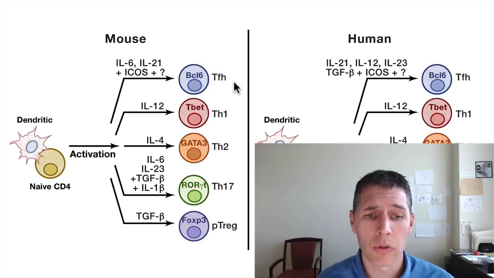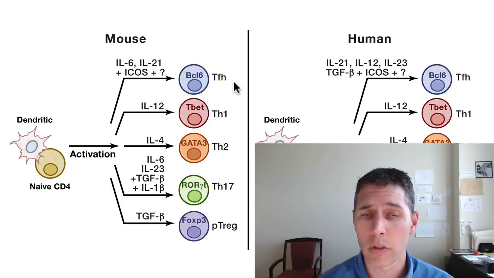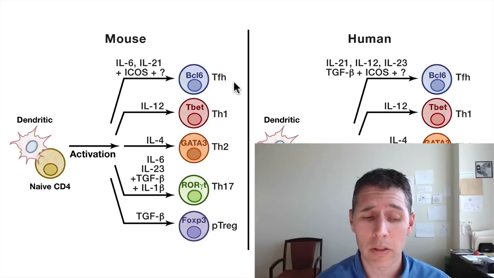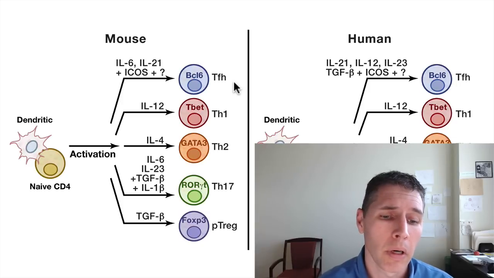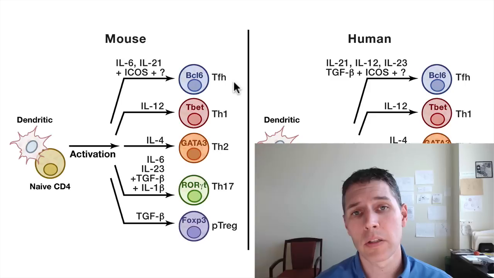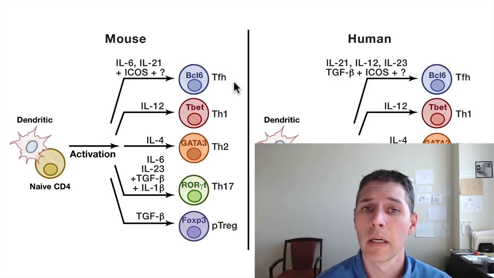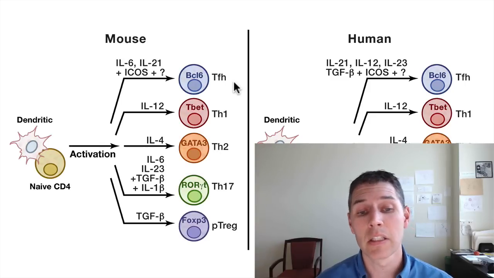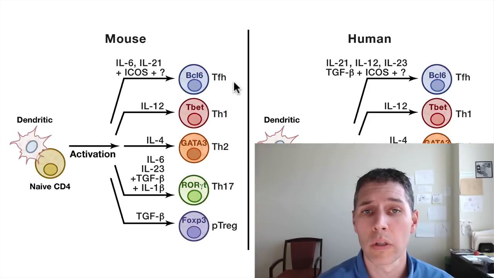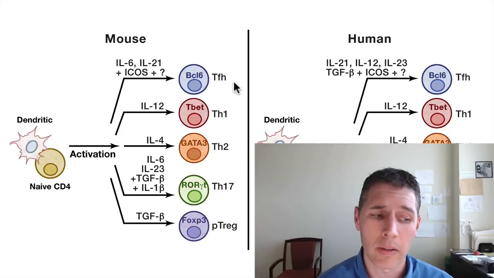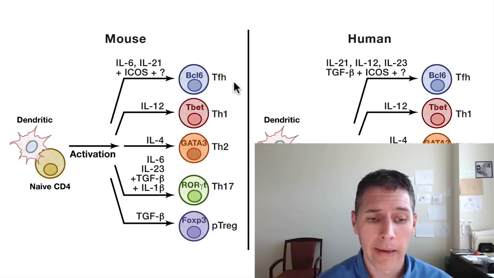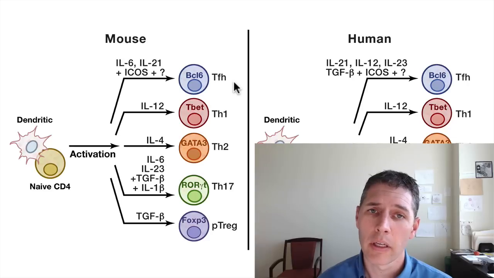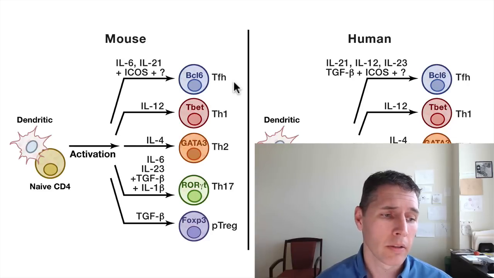TFH cells produce IL-4 and IL-21, which are important for class switch recombination from IgM to IgG, but there are other class switch recombination events that can be influenced by Th17, Th2, or Th1 type cytokines, and the question is, how do those cytokines get produced by TFH cells?